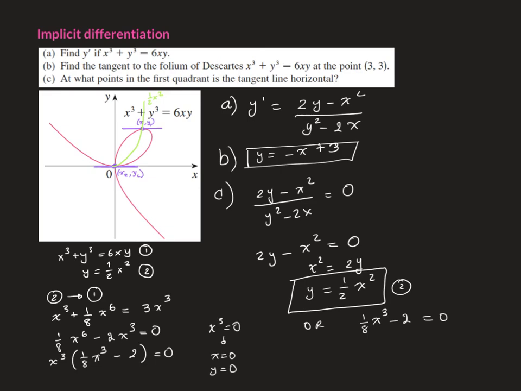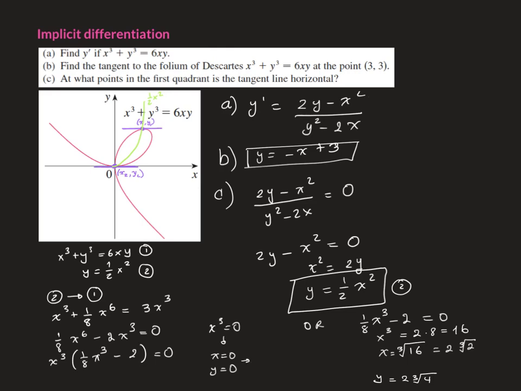Now, from the second option, we get x power 3 is equal to 2 times 8, that is 16. So x is going to be the cubic root of 16, and that is 2 cubic root of 2. And from here it follows that y is going to be 2 cubic root of 4. So we have found the two pairs.